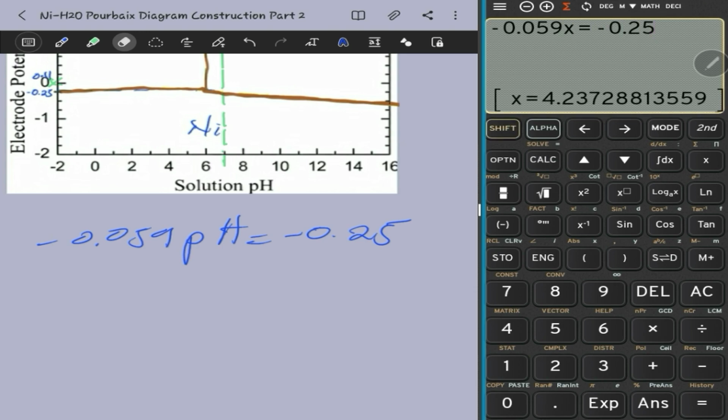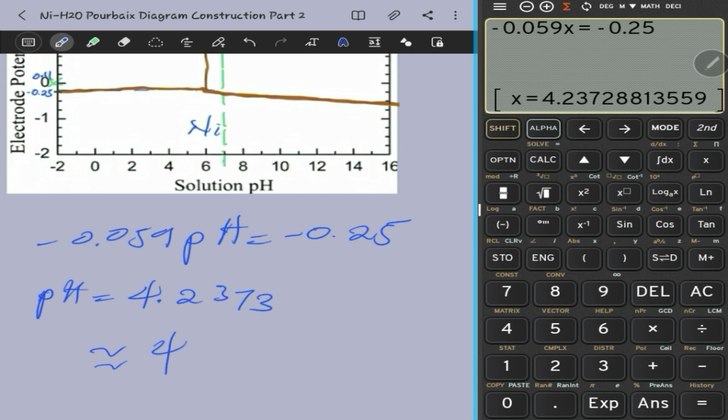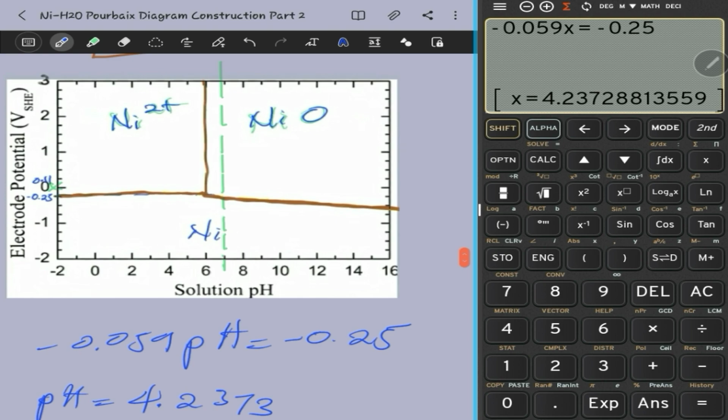We solve this, it gives us this. So that means the point of intersection should be a pH value of 4.73, which is approximately about 4. A pH of 4. So that would mean that's the point of intersection for us to be able to draw a line. So let's do it this way.